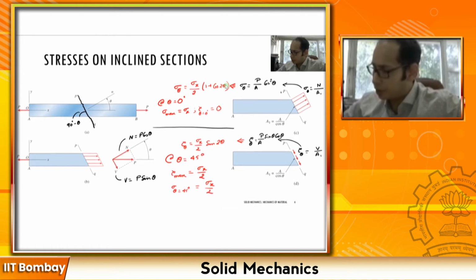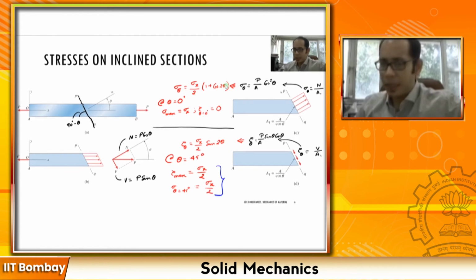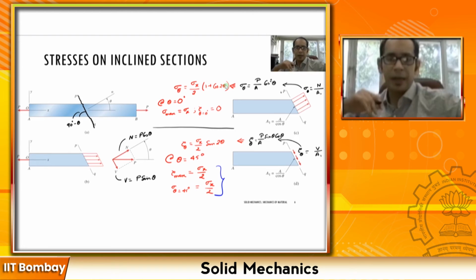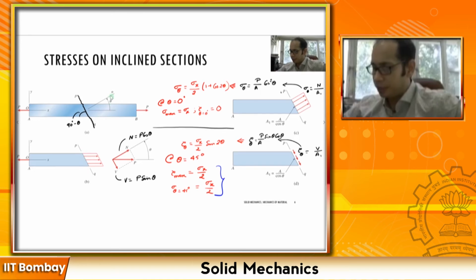So this is an important relationship that you just saw. If I am taking a cut at an angle of 45 degrees, then this sigma theta will become equal to sigma x over 2, and the tau of theta will also become sigma x over 2.